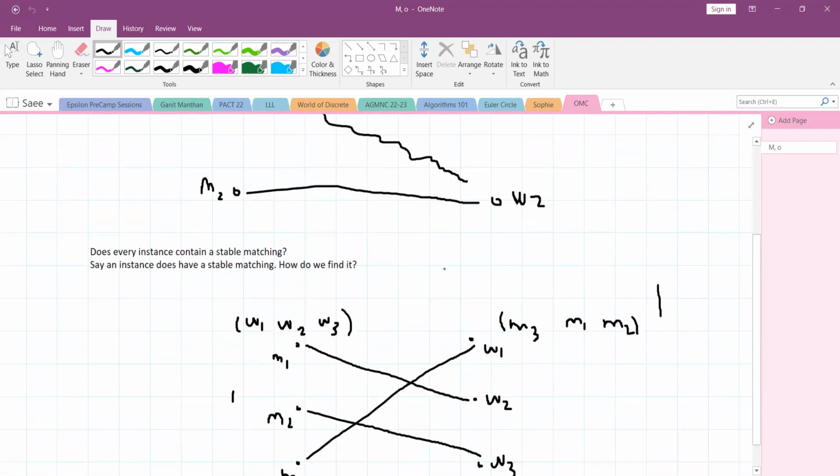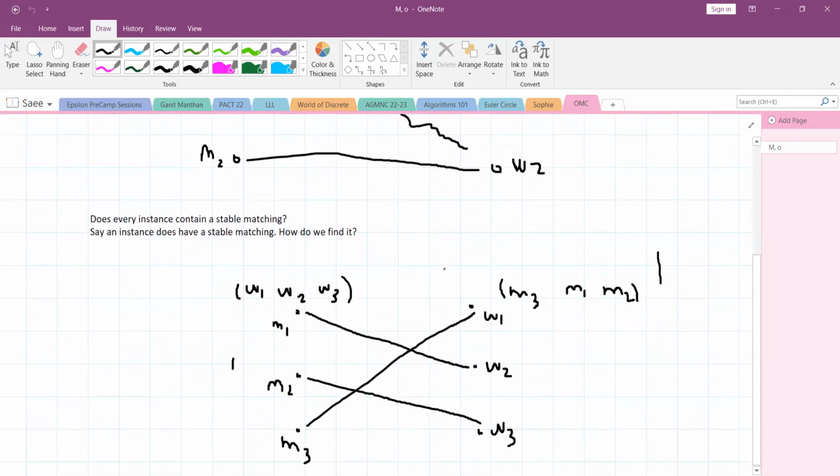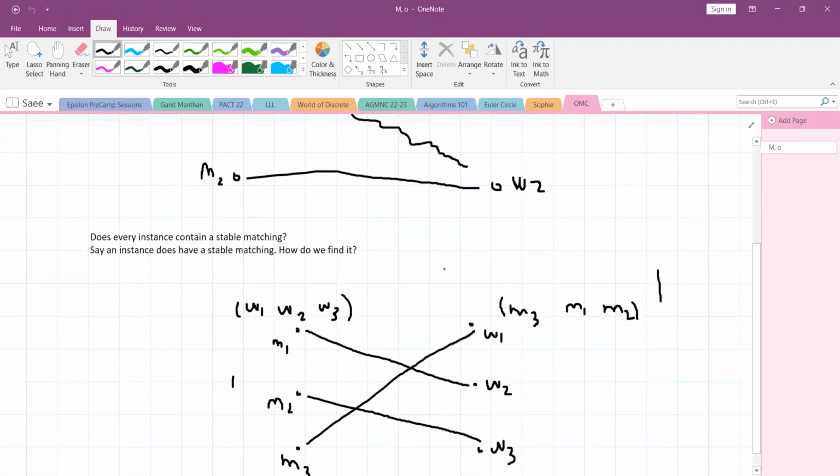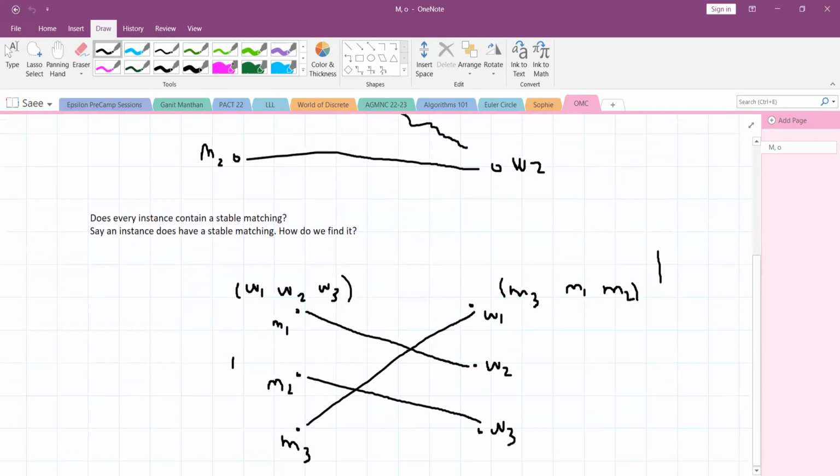Does that make sense? Yeah, so because their preferable matches are already used up, we can say that's why it's not an unstable match. Kinda. So let's just see an example. Why is M2, W1 not an instability?